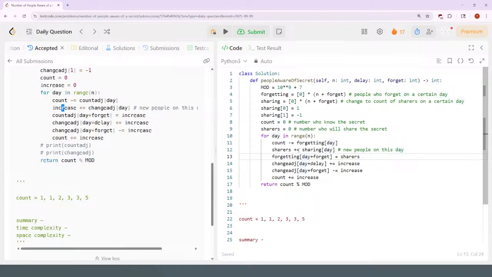This plus equals. I'm actually not sure why this is plus equals rather than just equals. Okay, anyways, I need to rename these things. Okay, forgetting is the number of shares. Some number of days, forget days from now. And then the change adjusts.